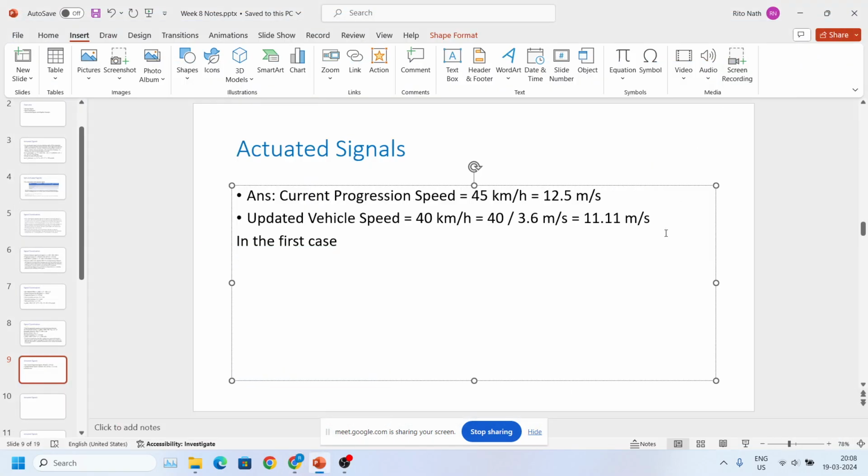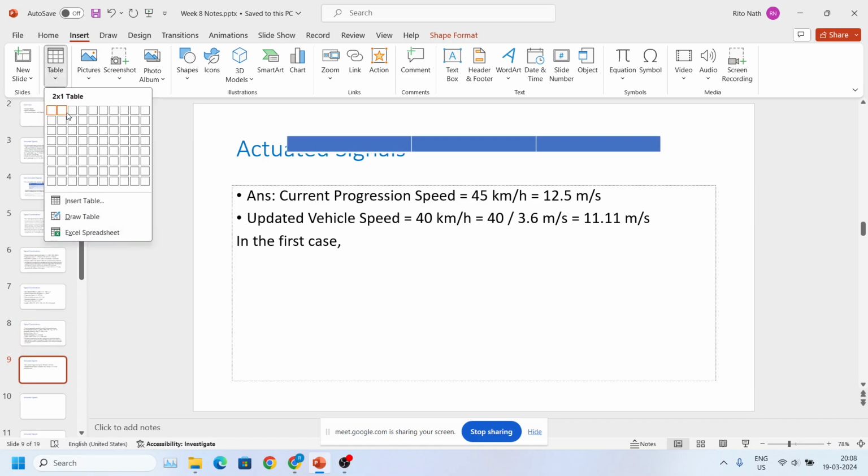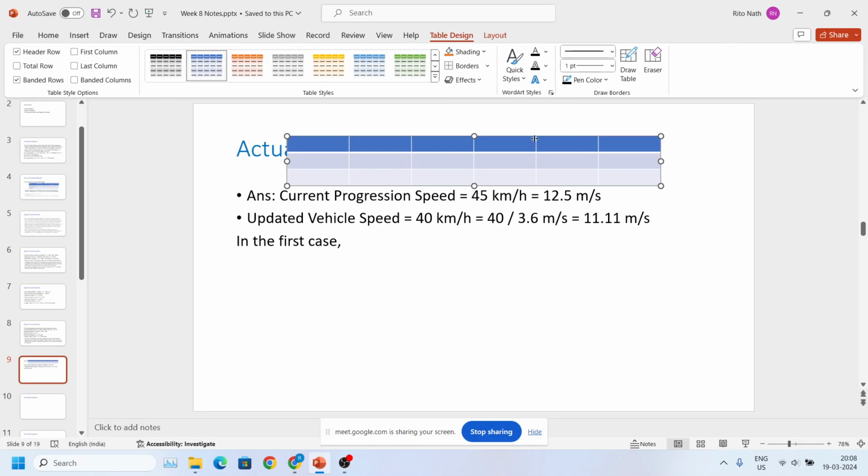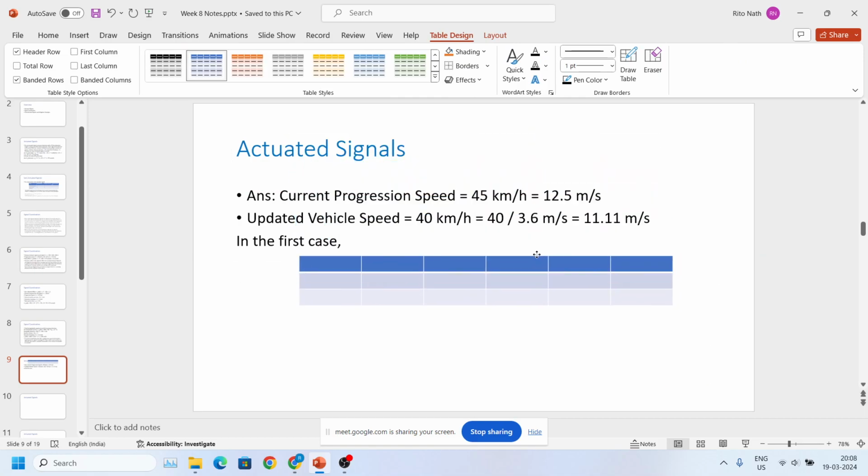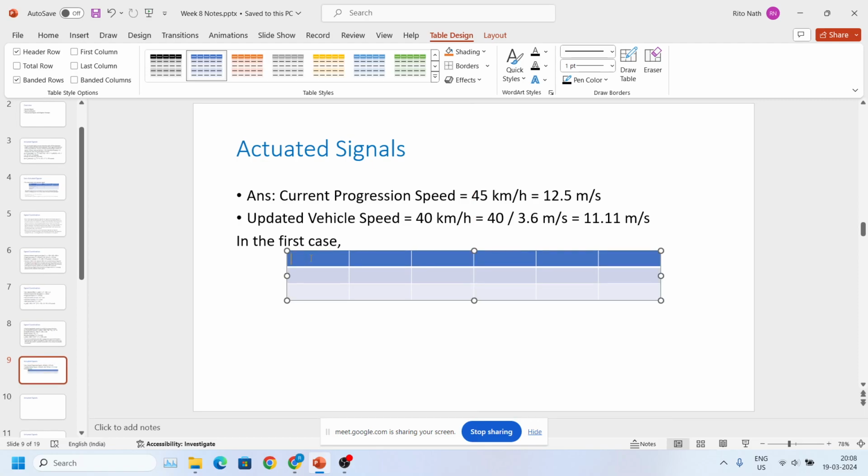So I think you have to have similar tables created that you had in the class. So let's try and do that fashion. So you have signal A and B. Let's forget about C for a moment because that's not asked in the question. So here you have to have this signal.